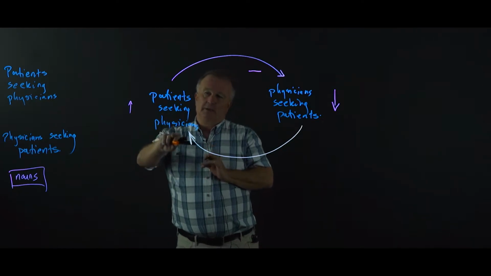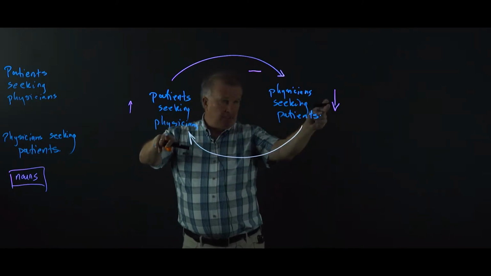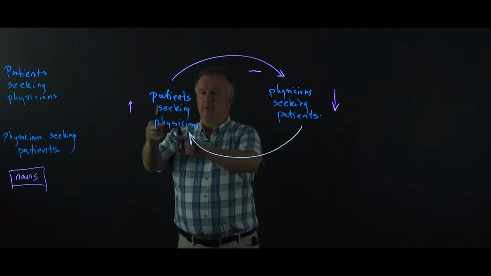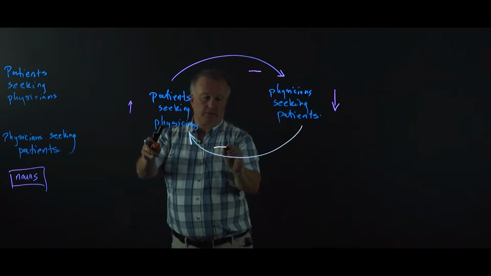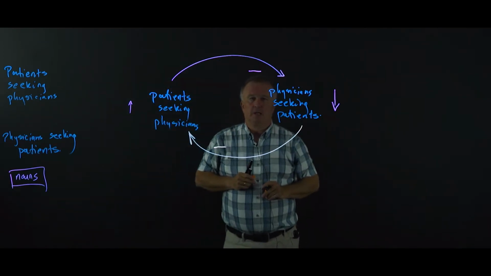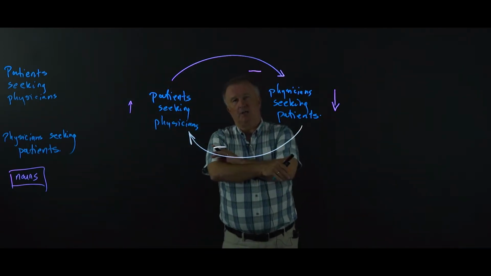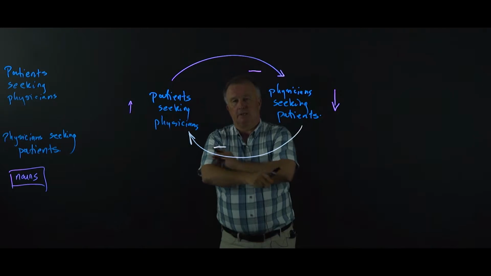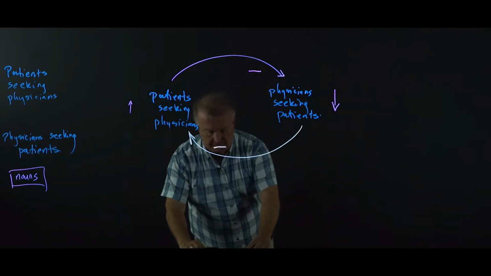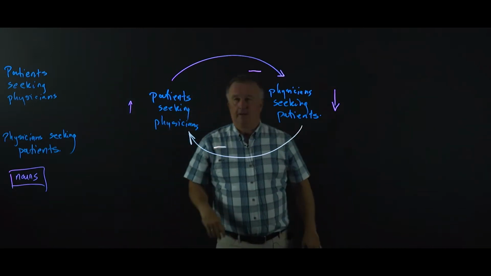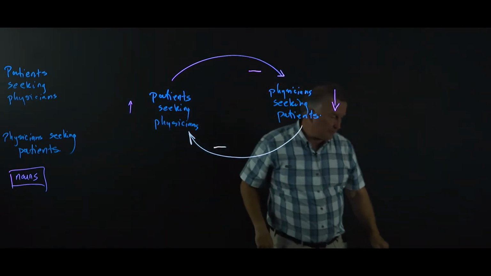And so what would happen is that if the number of doctors looking for patients goes up, the number of patients looking for doctors is going to go down. And so again, we've got a change in the opposite direction, and so we would put a negative sign there. And so this is an example of a very simple causal link loop, as a matter of fact.